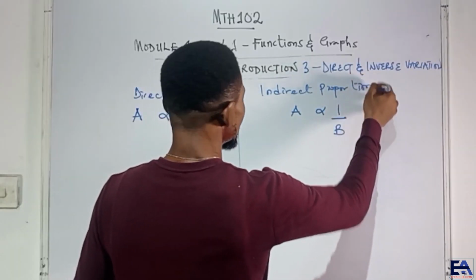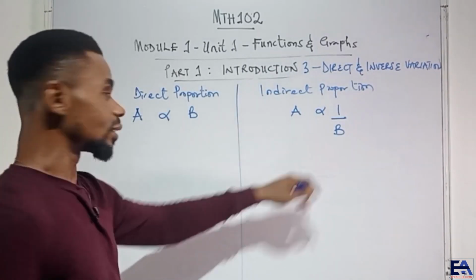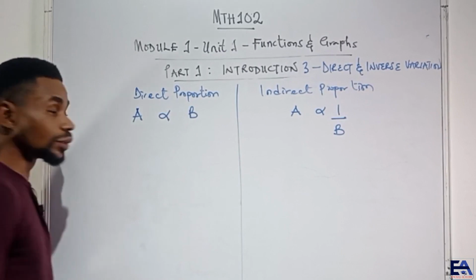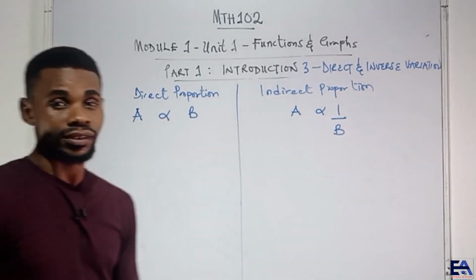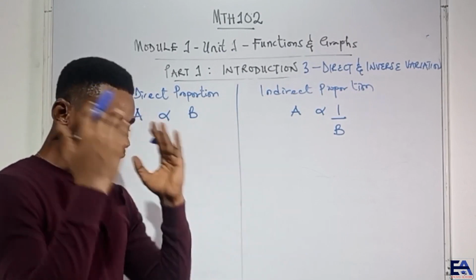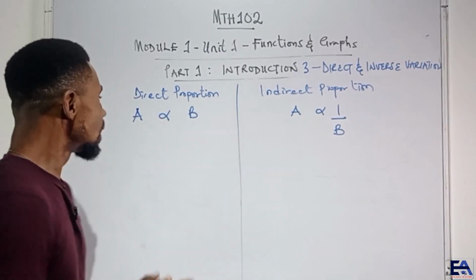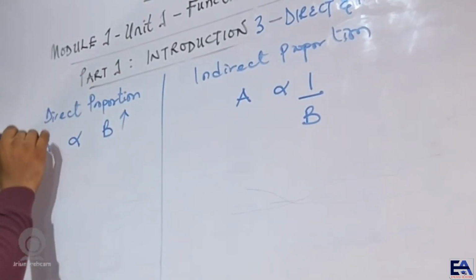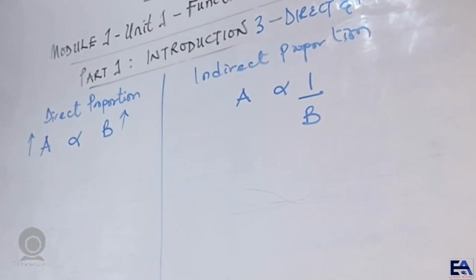Now the difference between the direct and indirect is that here A is directly proportional to B, which simply means that A depends on B directly. The word direct comes from the fact that if B increases, A will also increase.